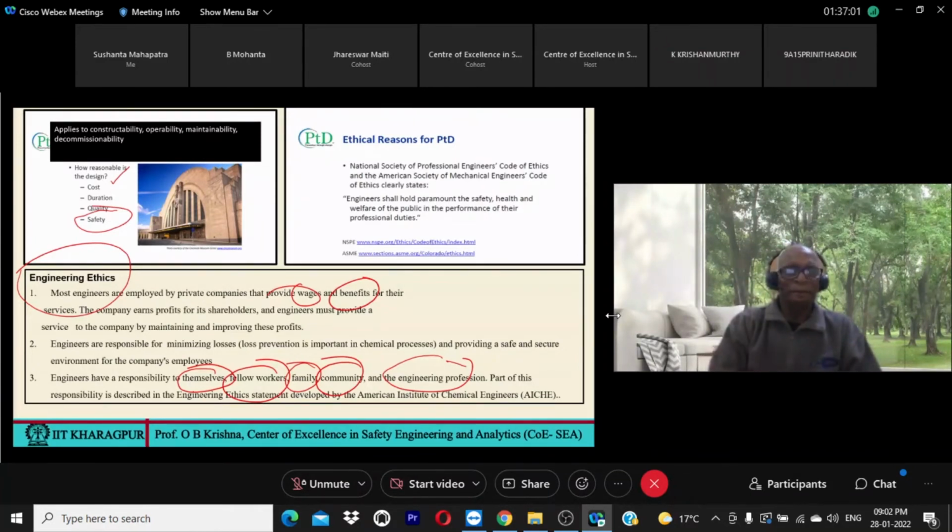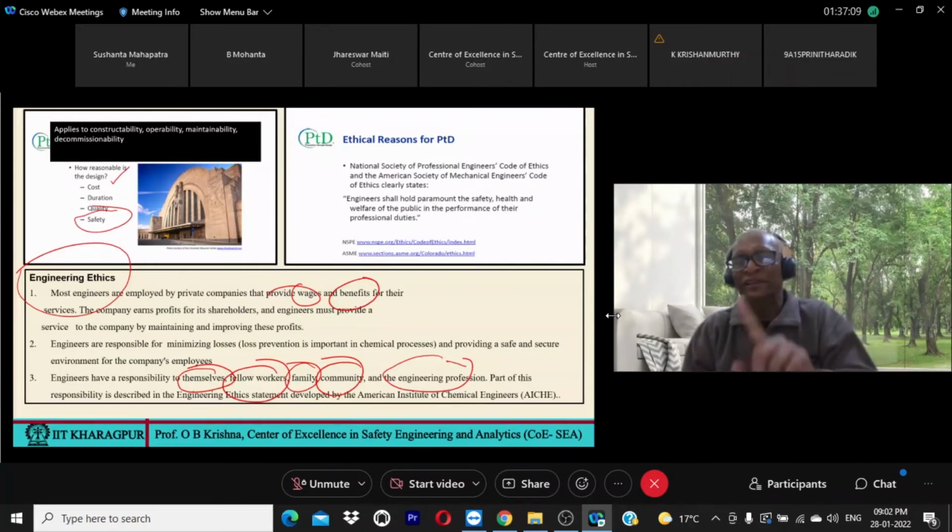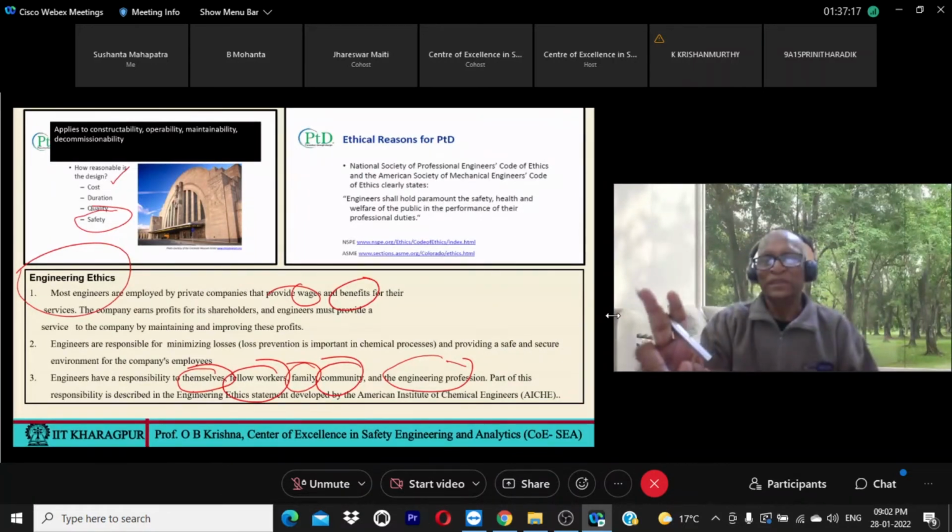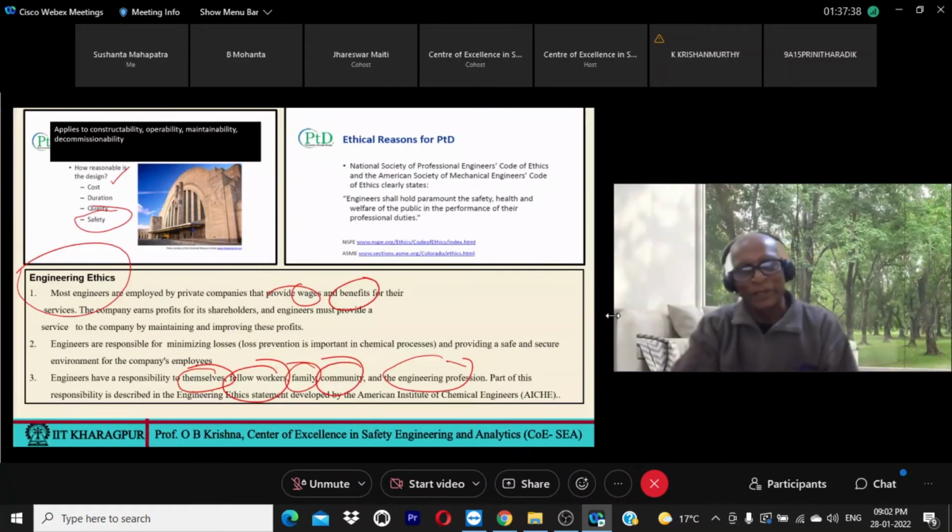Gentlemen, please understand, there's a big ethical reason. The National Society of Professional Engineers, to which we all belong, say it is your ethical responsibility that engineers shall hold paramount the safety, health, and environmental welfare of the public in the performance of their professional duties, whether your organization accepts or not, your society accepts or not.